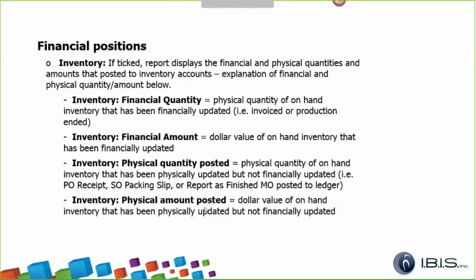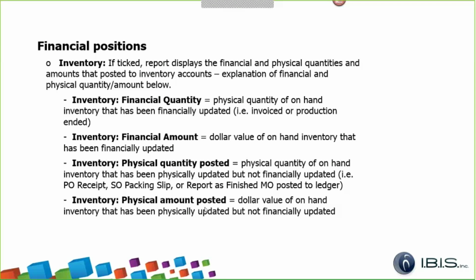So financial quantity is the physical quantity of on-hand inventory that's been financially updated, meaning if it's a purchase order receipt, that purchase order receipt has been invoiced. It's been financially settled. If it's a sales order, that sales order has been invoiced, meaning it's been financially settled.